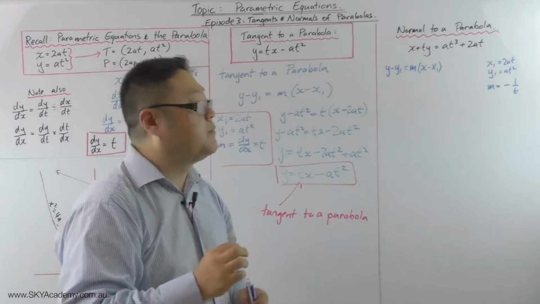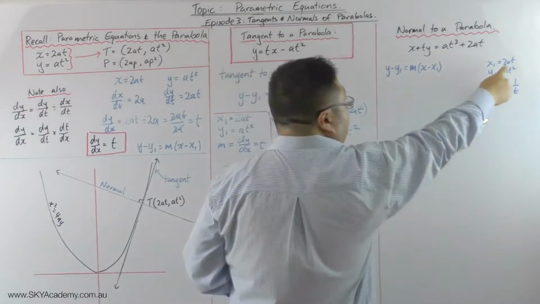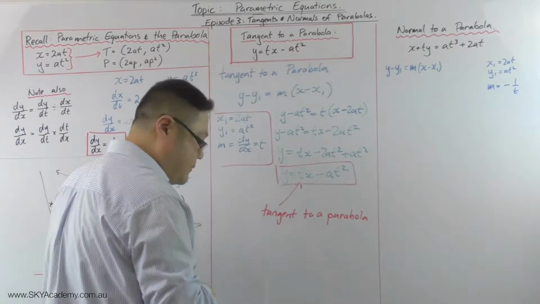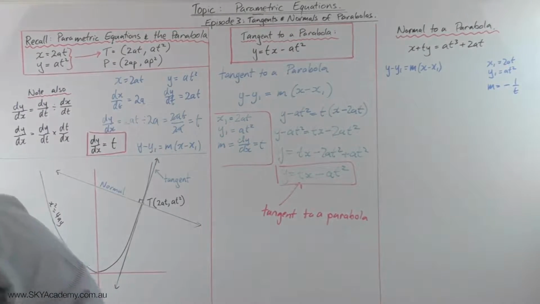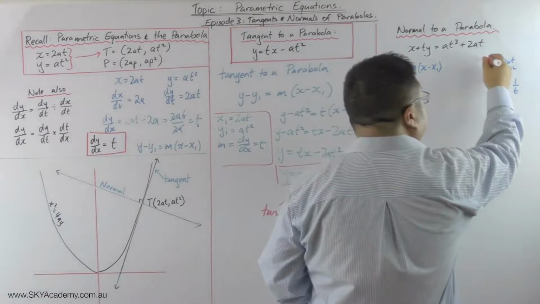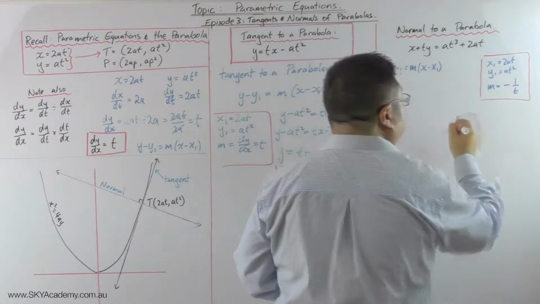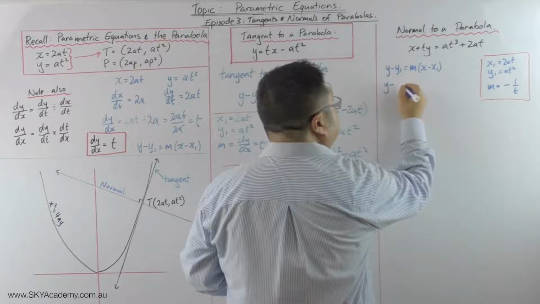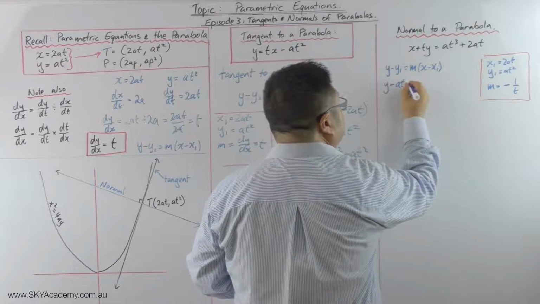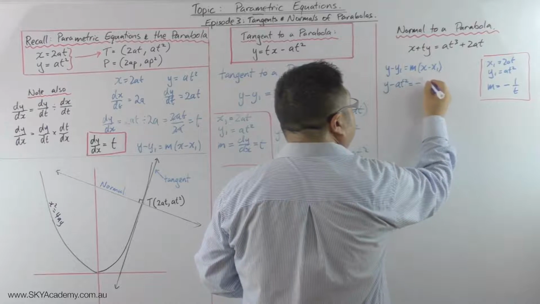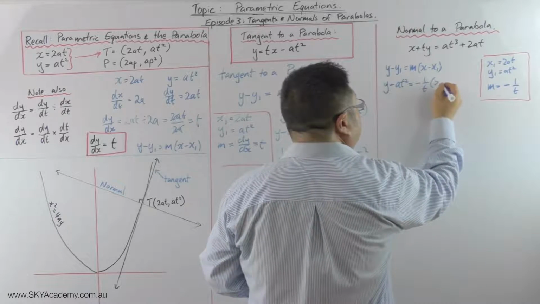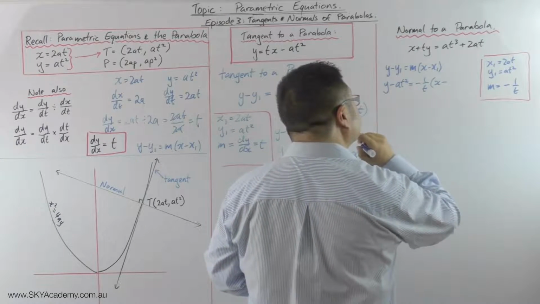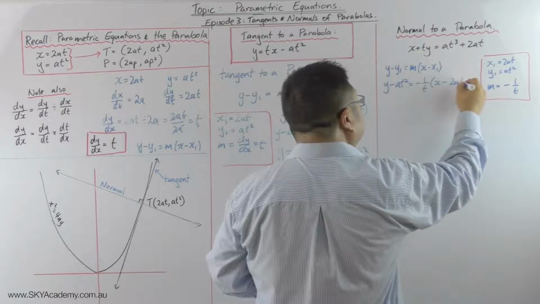Does that make sense? Okay, so when you substitute all of that in, and I'll put this in a little red box, this is what you should get. y minus at squared equals minus 1 on t, x minus 2at.